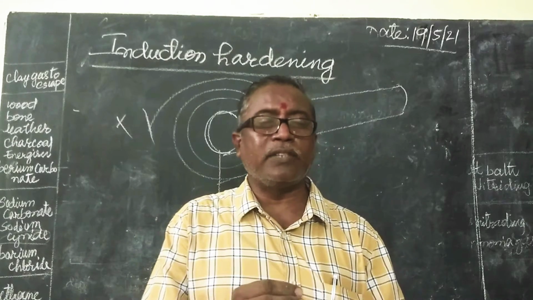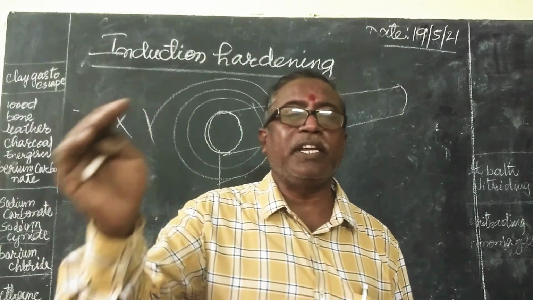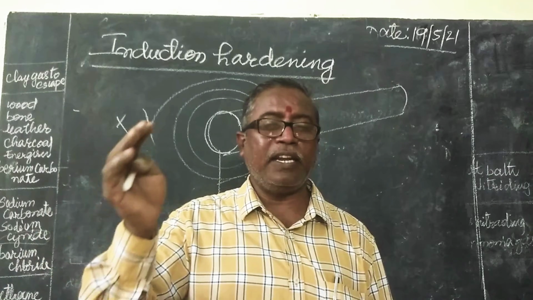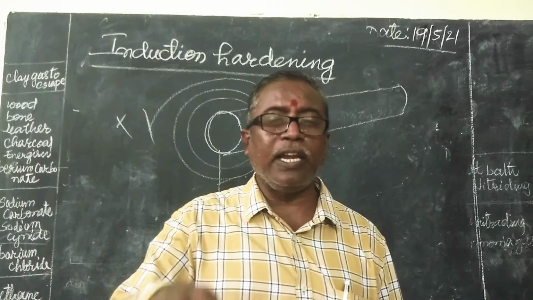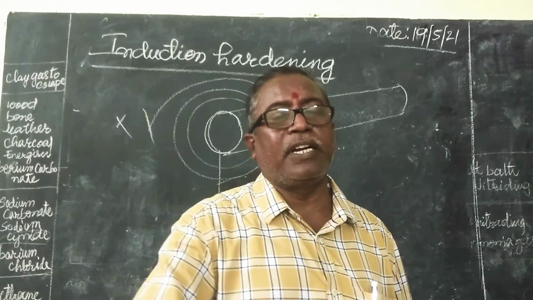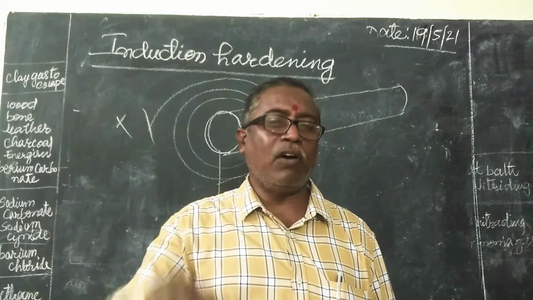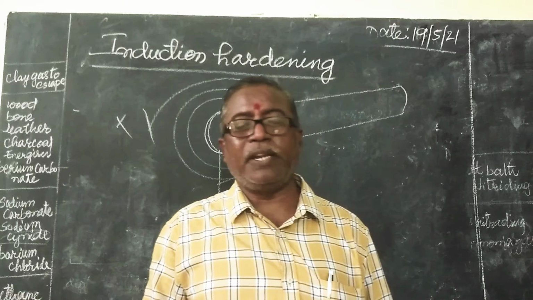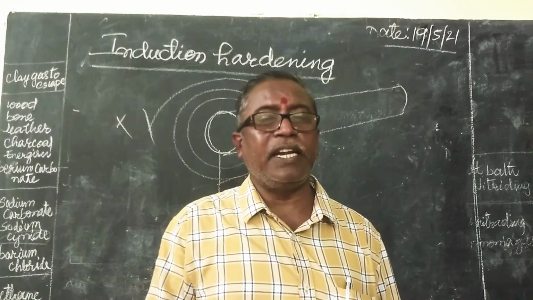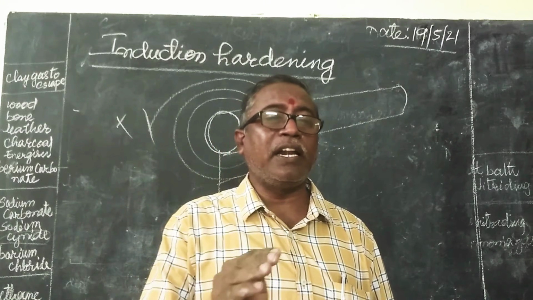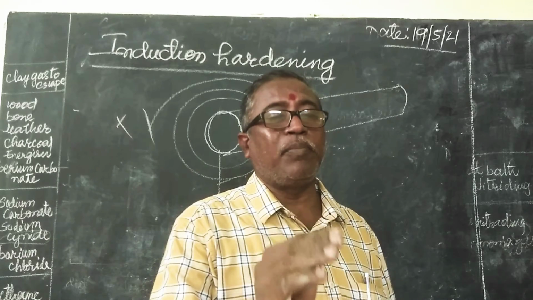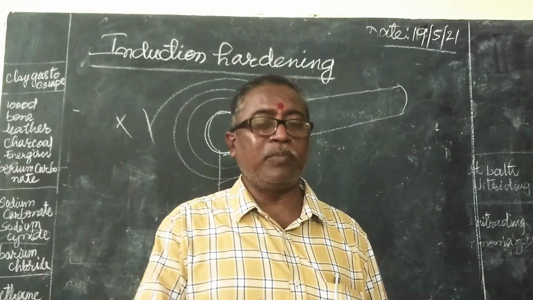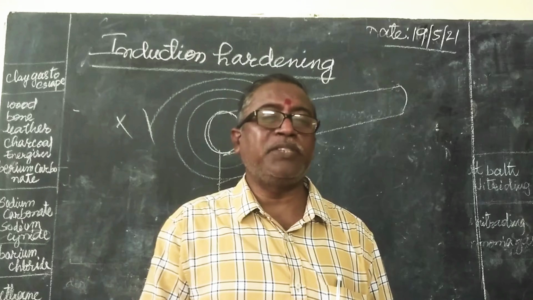Instead of putting it in the furnace, we heat with the coil and dip in oil or water, depending on the material. So that is called induction hardening. Induction hardening also gives some depth, 1 mm, 2 mm, however much we want.